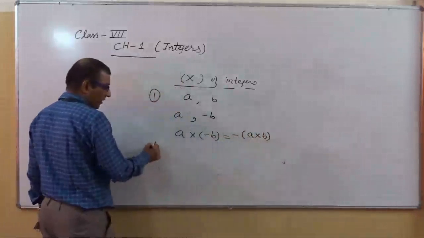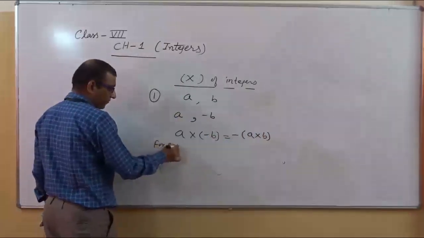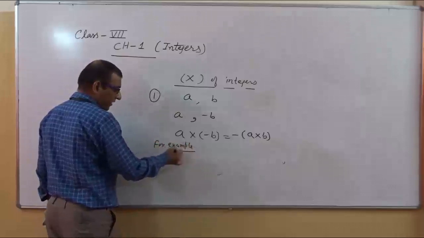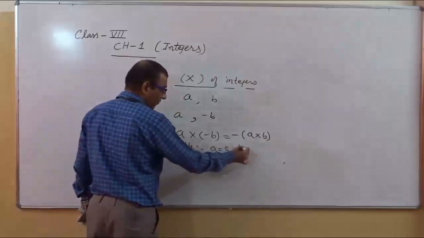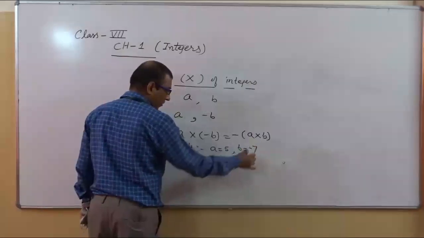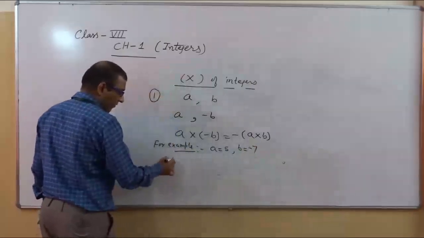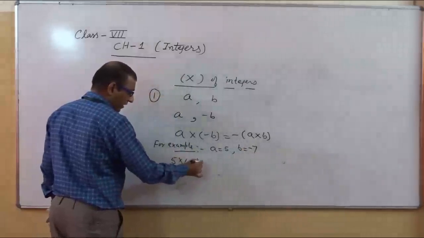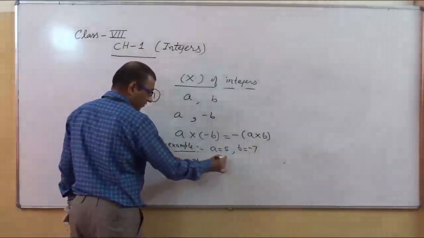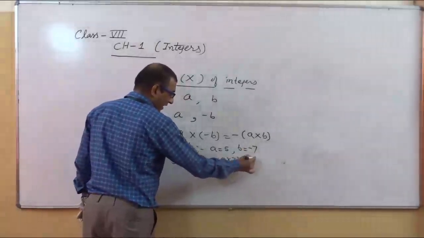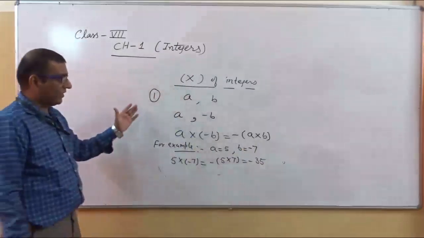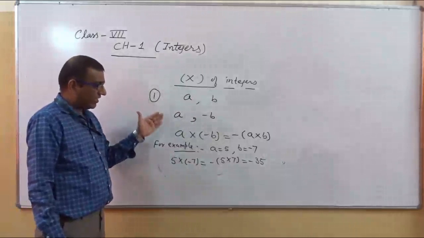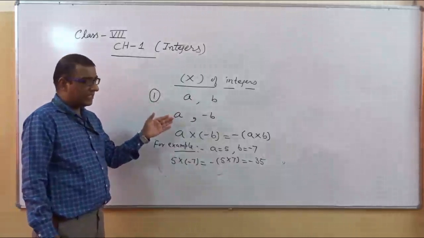For example, if the value of a is 5 and the value of b is -7, then 5 into -7 can be written as minus 5 into 7, and we will get -35. So this is the multiplication of integers when one integer is positive and the other is negative.